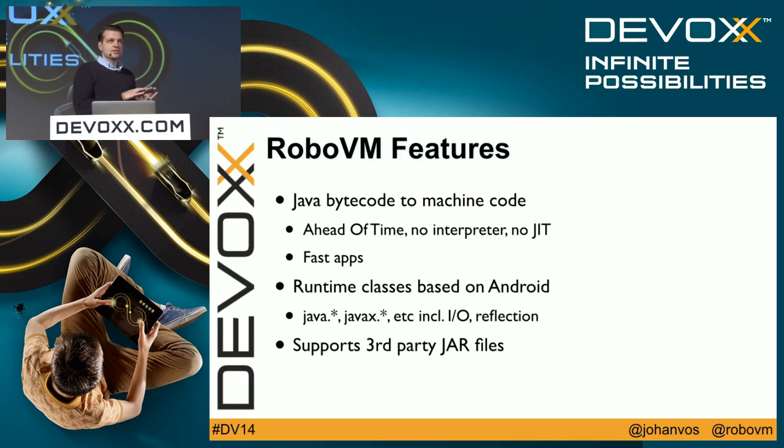With RoboVM, you can use standard jar files. So your favorite libraries from Maven Central, for instance, can be used in your iOS app using RoboVM. Again, as long as they don't rely on anything Android-specific in the android dot packages, and if they work on Android, it should also work on RoboVM. We also implement the Java native interface specification.